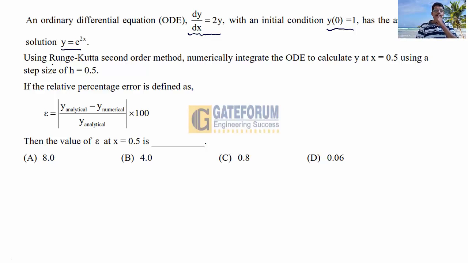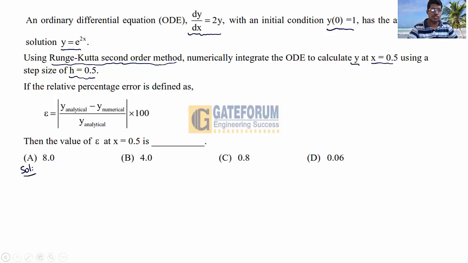The method mentioned, Runge-Kutta second order method, is also called Euler's Cauchy method, improved Euler's Cauchy method, Euler's predictor corrector method, or modified Euler's method, etc. So many names. So we should calculate solution y at x equal to 0.5 using the step size also given, h. Now the percentage error with the modulus is given here. Absolute percentage error actually.